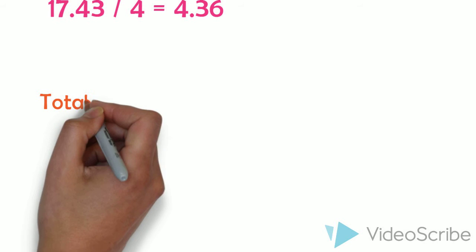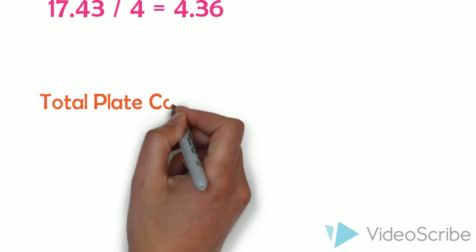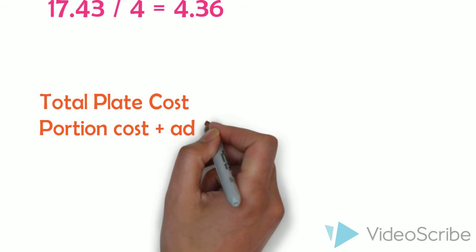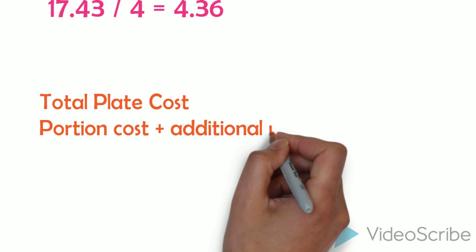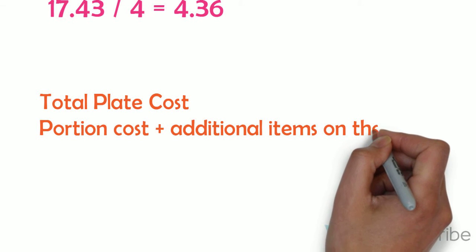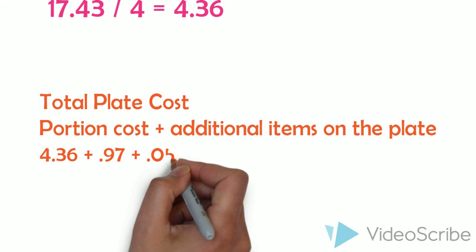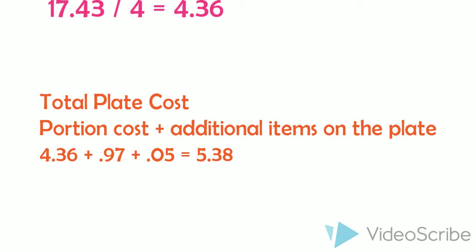Our total plate cost, which is another term for food cost, is the portion cost plus any additional items included in that menu item. So $4.36 plus 97 cents plus 5 cents gives us $5.38.